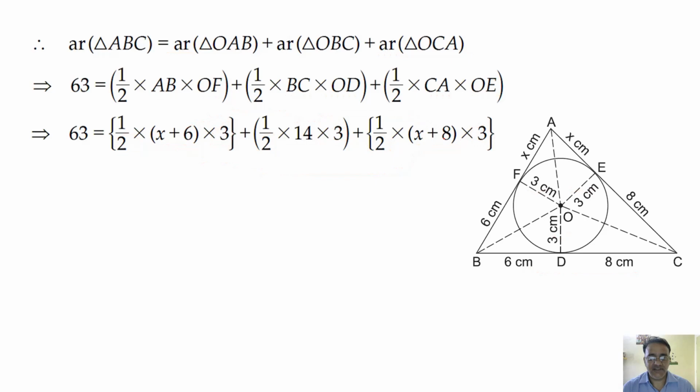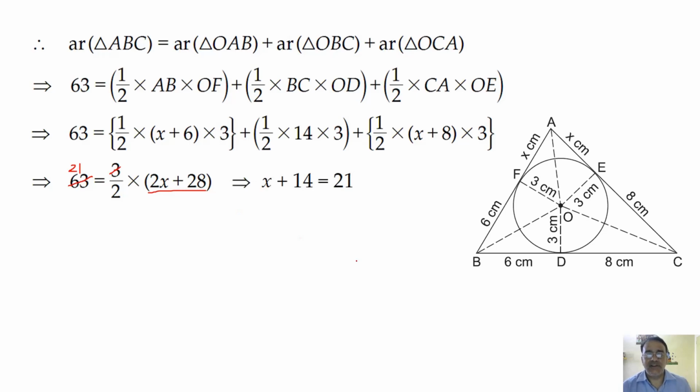So we are getting 3/2 into 2x plus 28, right. इसमें से 2 डिवाइड कर सकते हैं कॉमन लेके इस 2 के साथ में, right. और ये इसके साथ में डिवाइड कर सकते हैं 21. So we'll get x plus 14 is equals to 21. So what is the value of x?